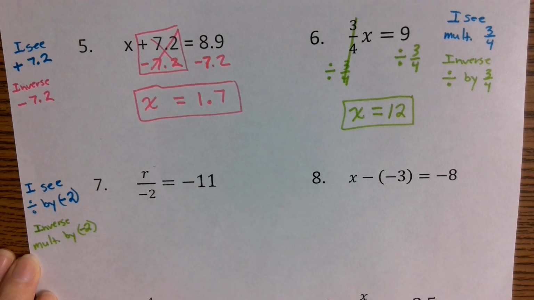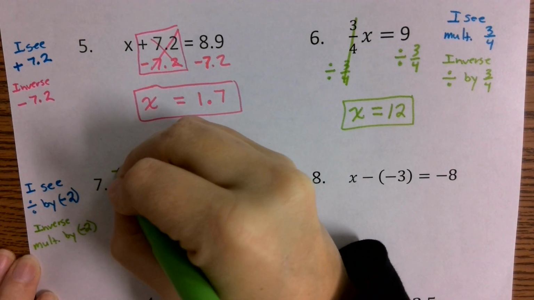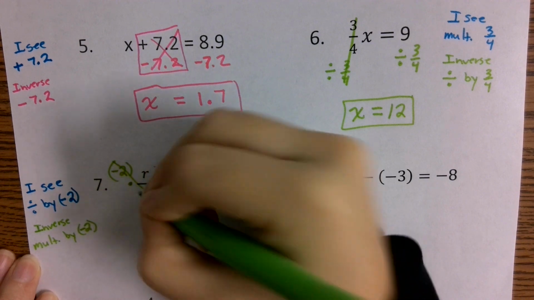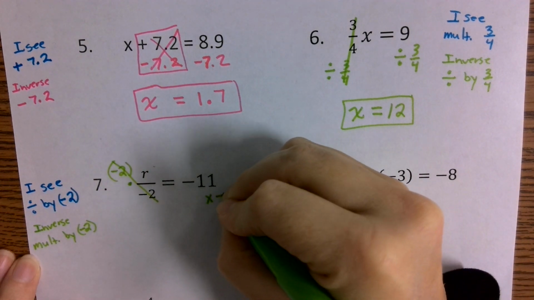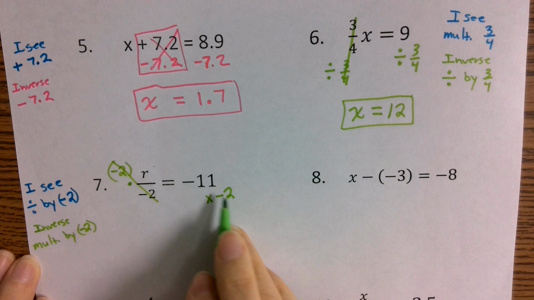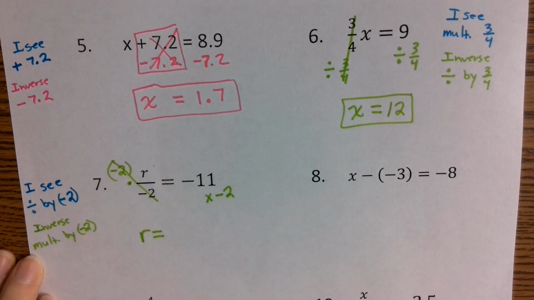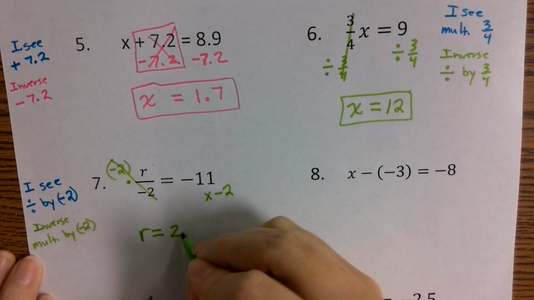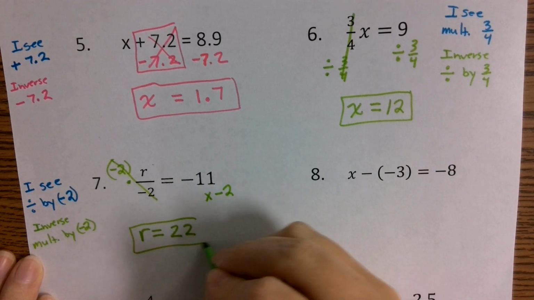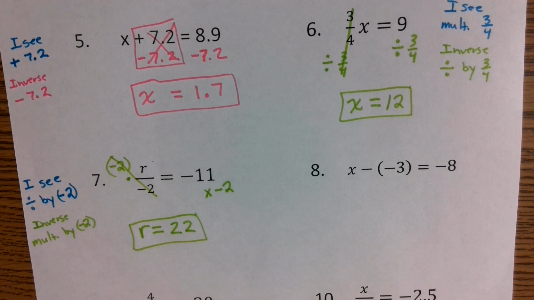We're going to multiply both sides by negative 2. So if I do negative 11 times negative 2, what does that make r equal? 22. r is going to be equal to 22, a positive 22.